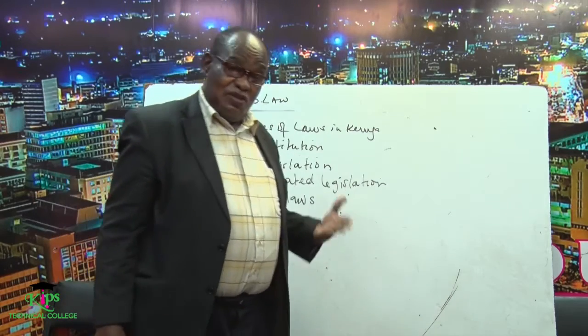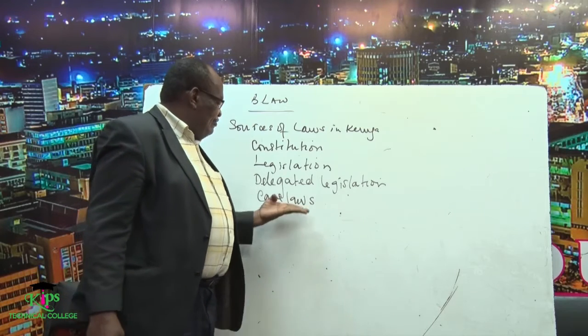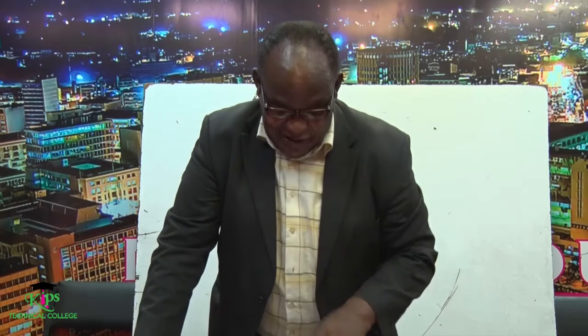That's a case law, and it's a precedent. Why? Other courts can actually refer to that law. Lucy Waithaka, in the court in Nyeri last year, made a law that whether married or not, a female child is entitled to the sharing of the property of the father. So that is a case law.